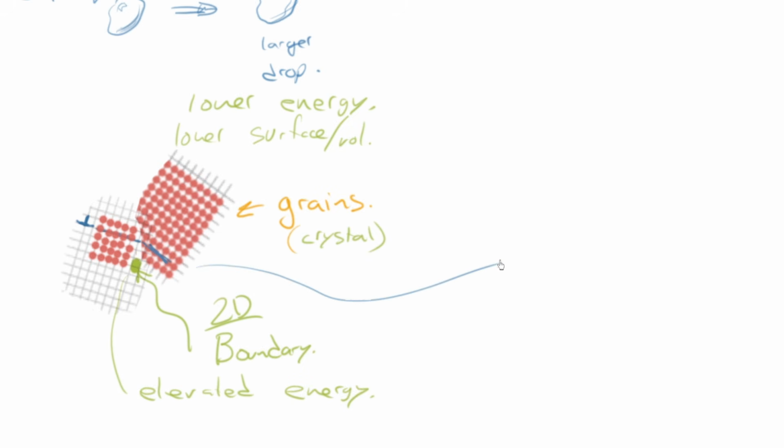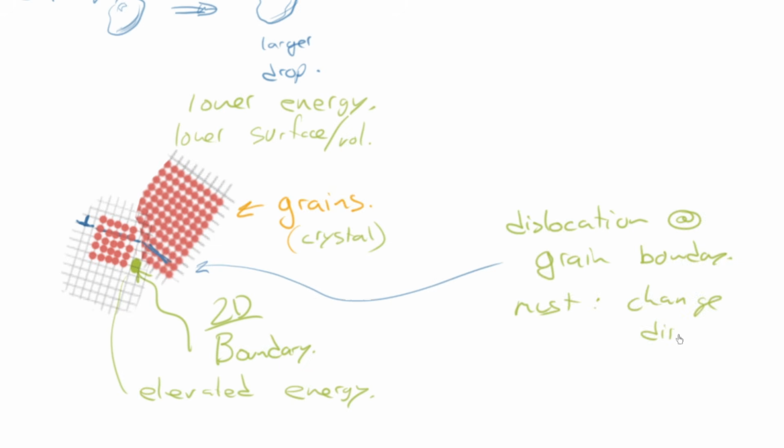So that change in direction, if we just want to think about mechanical properties, a dislocation that encounters the grain boundary must change direction. Okay, what does it have to do? It has to change direction. That takes some energy.